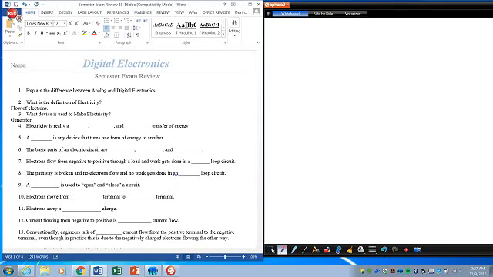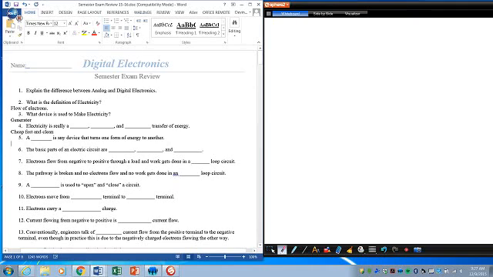Number four, electricity is really a blank and blank way to transfer energy. So we're gonna put cheap, fast, and clean. Okay.